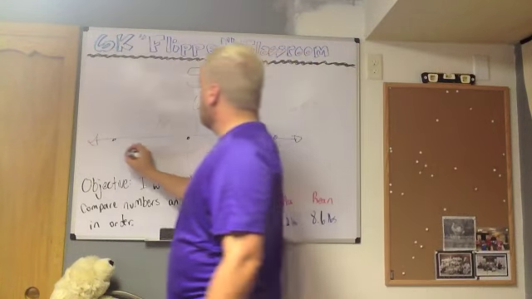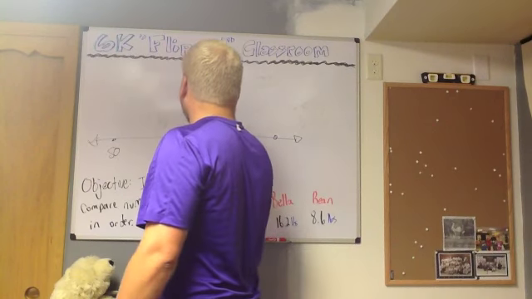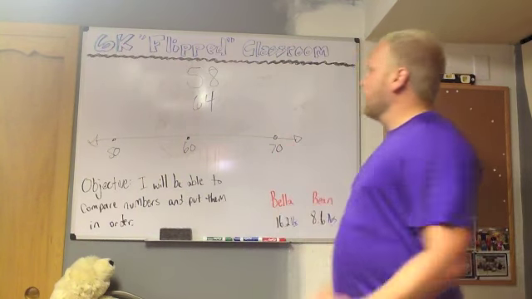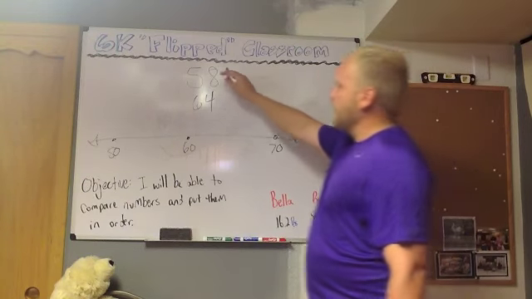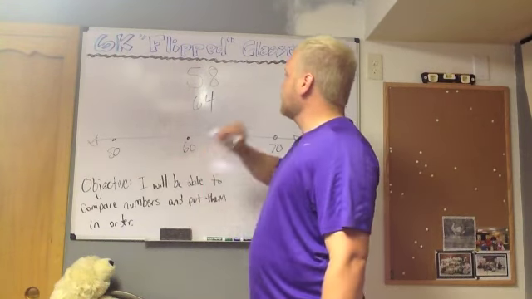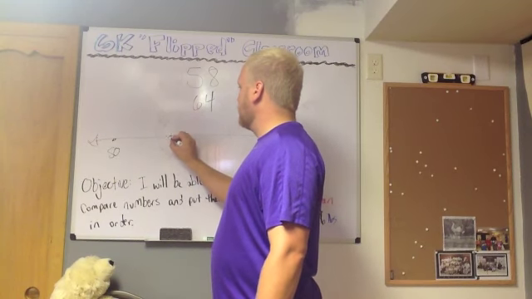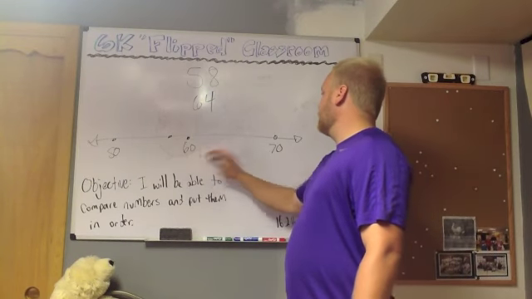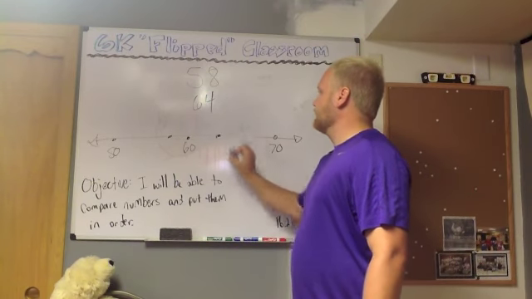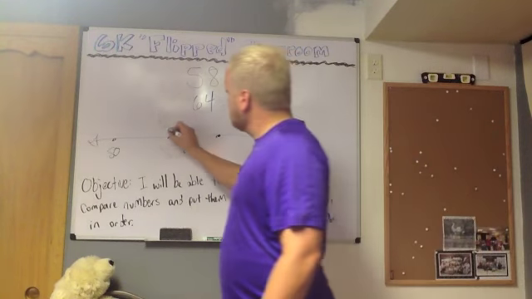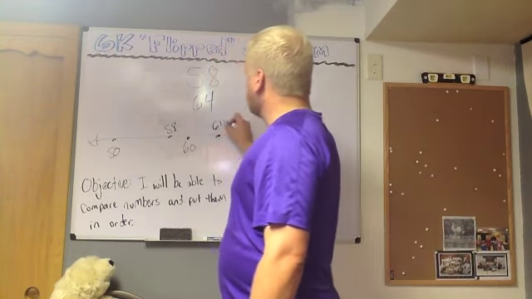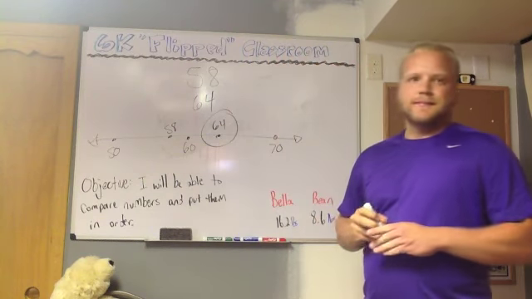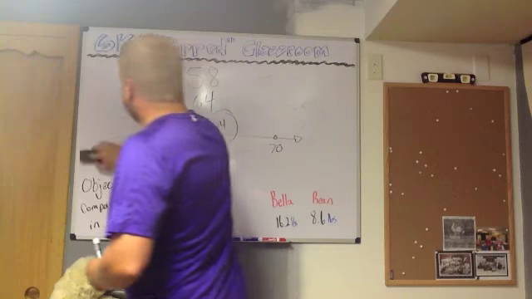So, if we had 50, 60, 70, let's put those on a number line. 58 is more than 50 but less than 60, so it's going to be right about there. 64 is more than 60, less than 70, it's going to be right about there. So obviously, which one has to be larger? 64.